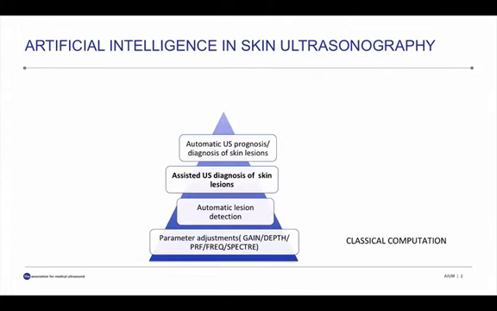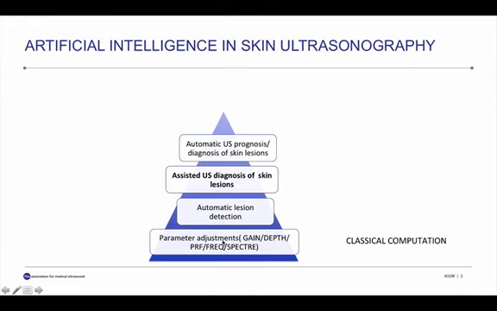Nowadays, we have to understand that artificial intelligence in sonography is going to be like a kind of pyramid in which, in the lower aspect, we are quite developed. For example, the automatic adjustment of parameters such as gain, depth, frequency.